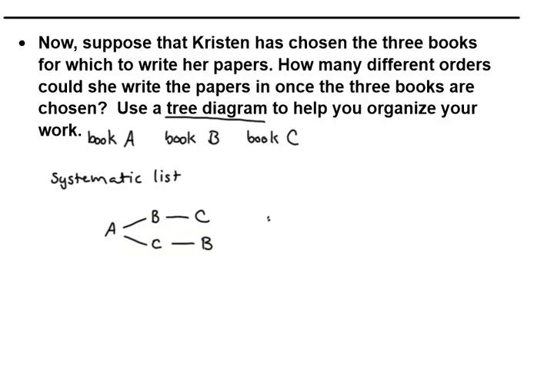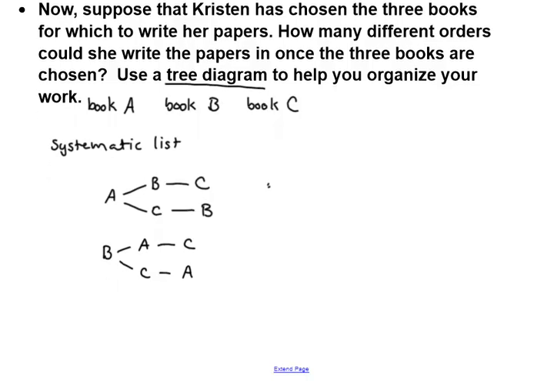She can't do any other order if she starts with A. So then she could start with B. And she could say, well, I'm going to go from B to A to C. Or I'm going to go from B to C to A. Well, what if I start with book C? I could go from C to A to B. Or I could go from C to B to A. If you notice, when you make a tree diagram, order does matter. We do have a repeat in how we did things, it's just in a different order.